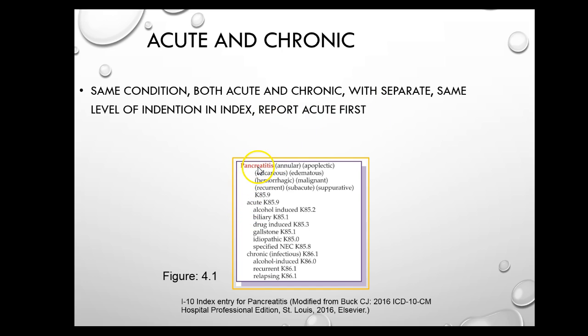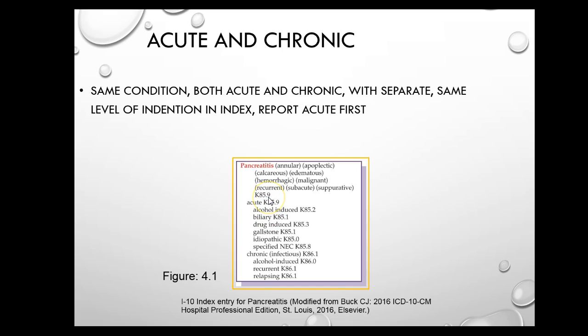As you can see in this example, pancreatitis, we have a first level indentation of acute, and we also have a first level indentation of chronic underneath. We would report acute first.